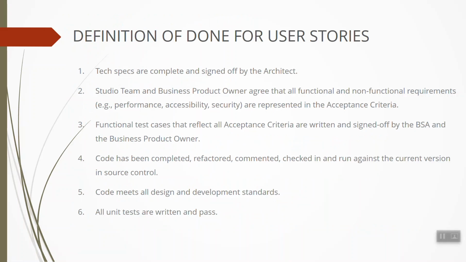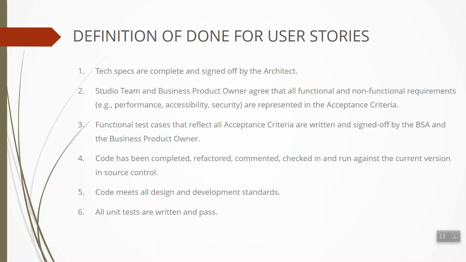The technical specification documents should be complete and signed off by the architects. The team and business product owners agree that all functional and non-functional requirements, which include performance, accessibility, and security, are presented in the acceptance criteria.